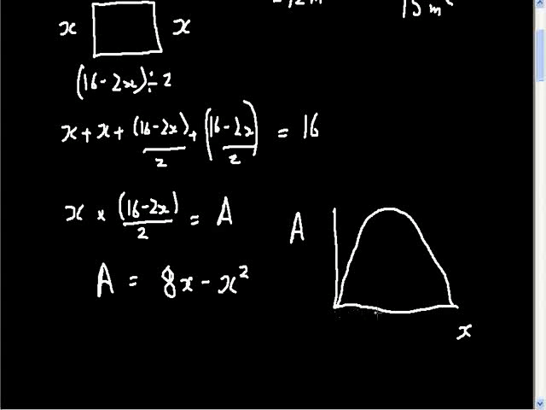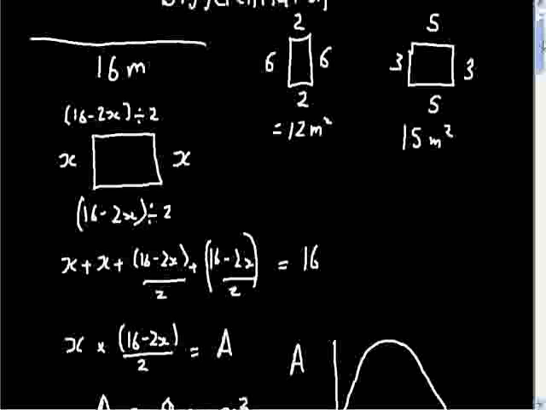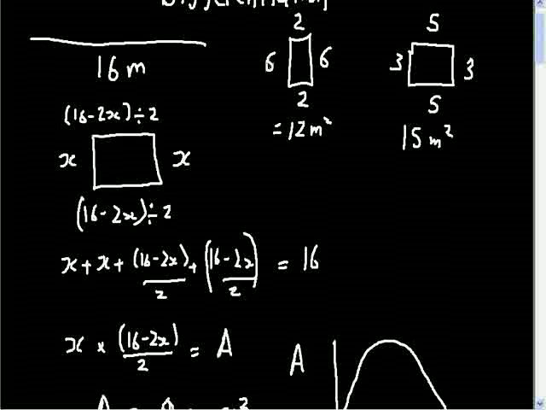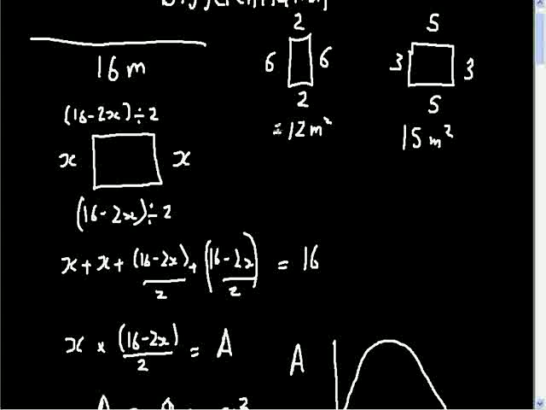As I change the length of this one side, my area changes this way. For example, if x was equal to 6, my area would be equal to 12.